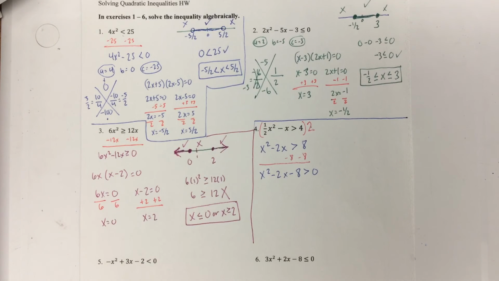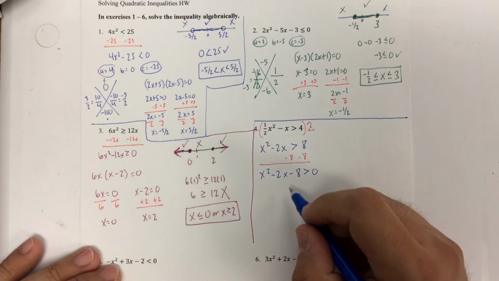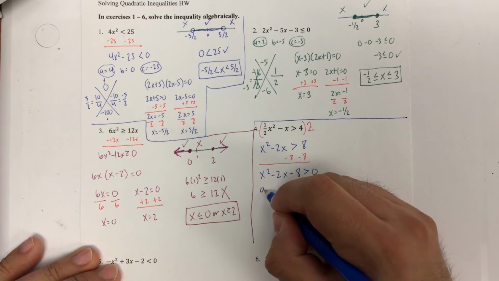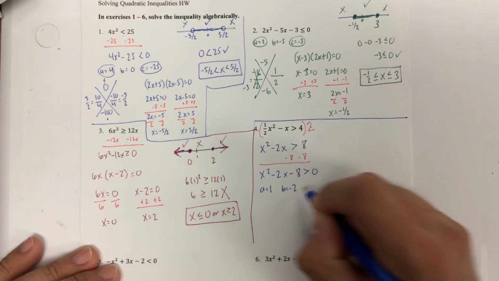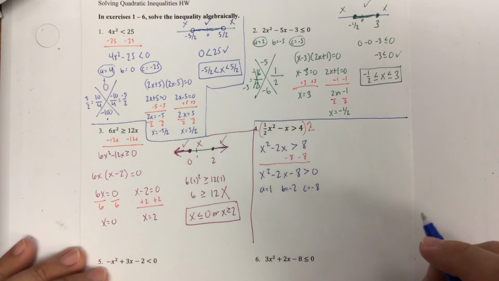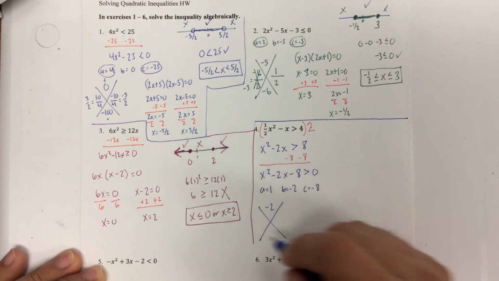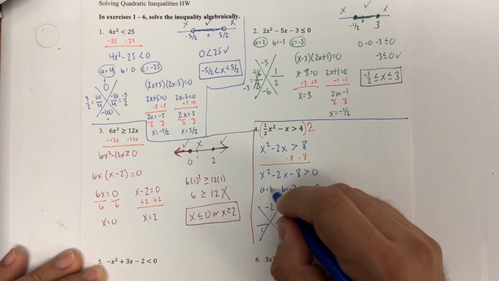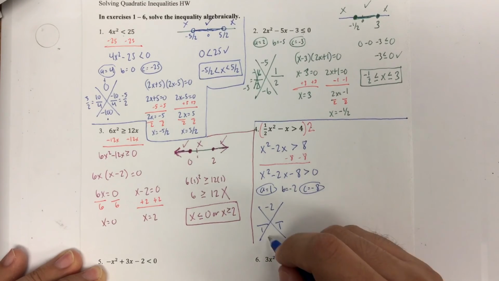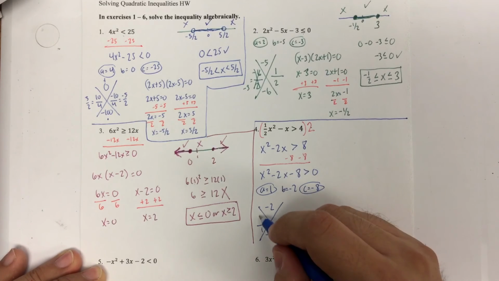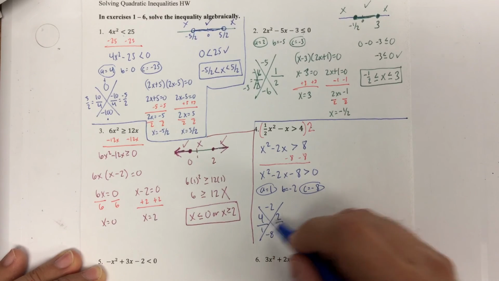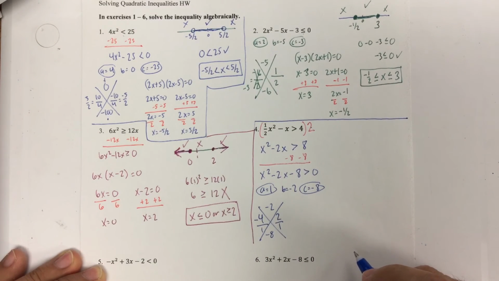There is no greatest common factor. So I'm going to attempt to do the x method. So a is 1, b is negative 2, c is negative 8. So for the x method here, negative 2, dividing by a, which is 1, and then 1 times negative 8, negative 8. Factors are going to be 4 and 2. 4 will be negative.